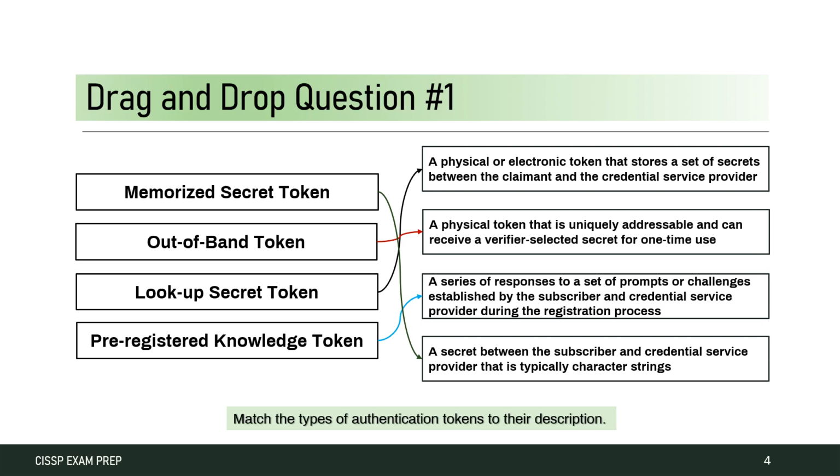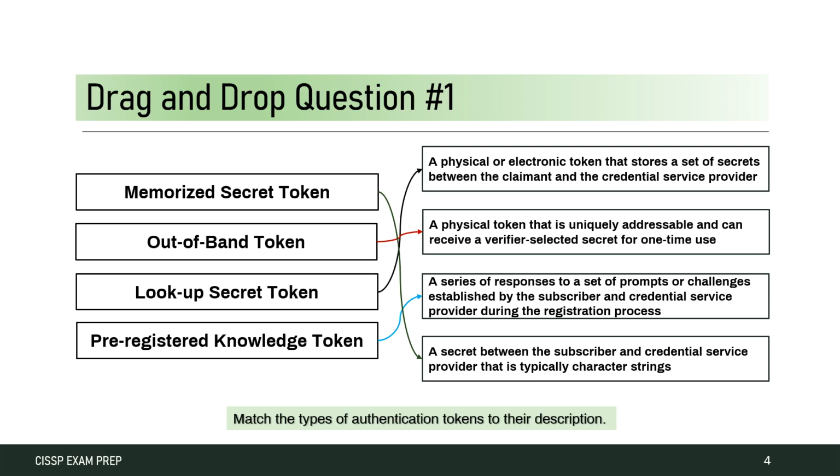Now, out-of-band token is a physical token that is uniquely addressable and can receive a verifier selected secret for one-time use. The lookup secret token is a physical or electronic token that stores a set of secrets between the claimant and the credential service provider.